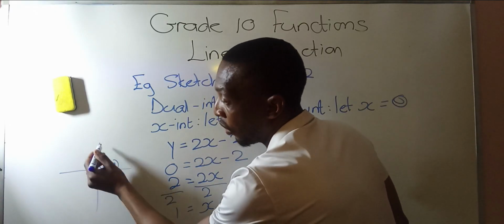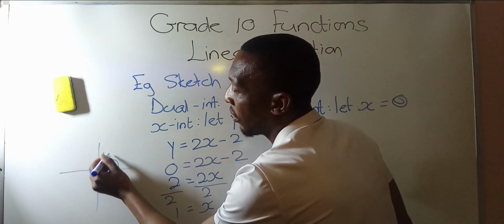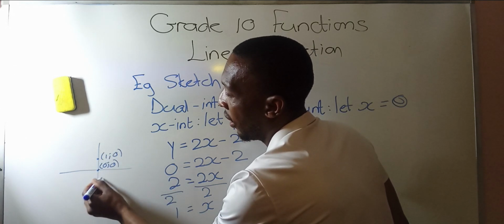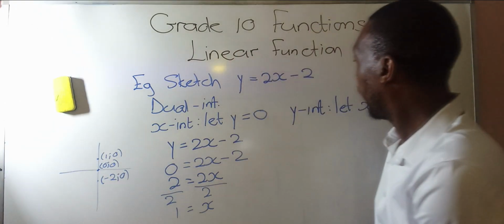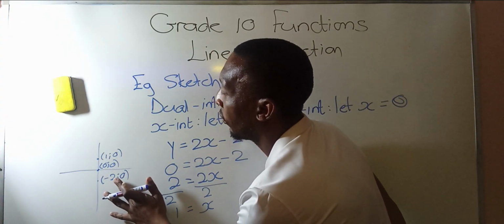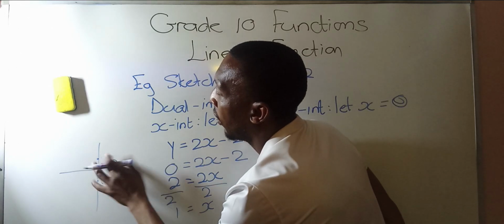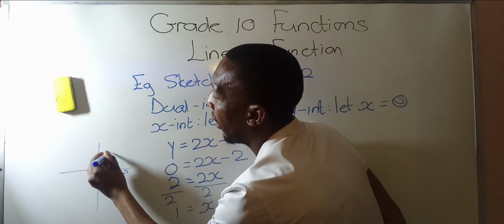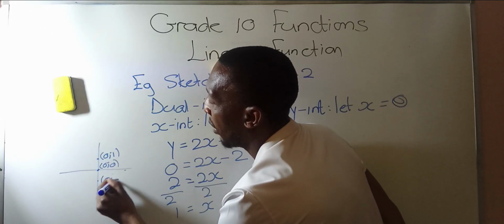Okay, it's on the y-axis. This here is 0, 1. This here, let's say 0, minus 2, etc. Okay, sorry. I beg your pardon. Okay, so this would be 0, 1. This one here would be 0, minus 2.